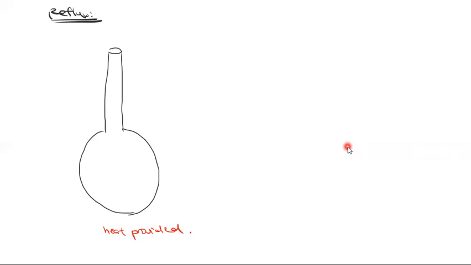Now, what is in our mixture? What do we want to get it to react? Alcohol, acid, and concentrated sulfuric acid. So we're going to have alcohol and carboxylic acid in our mixture.